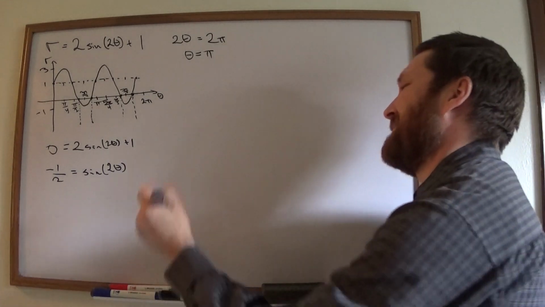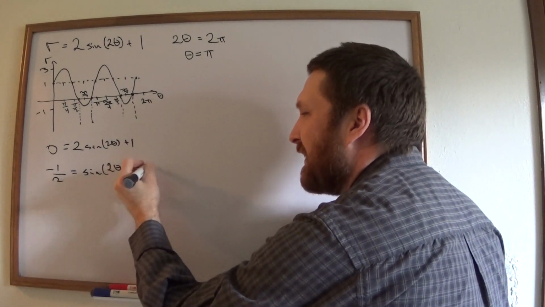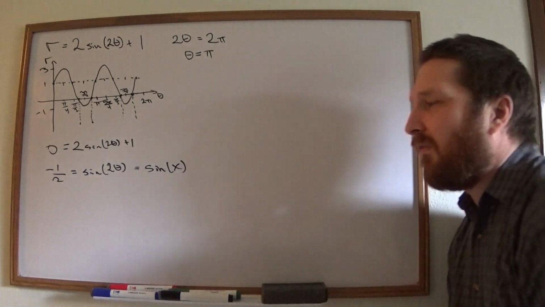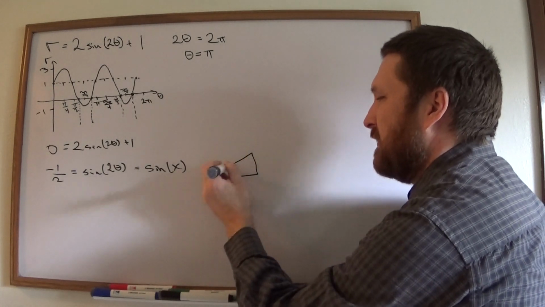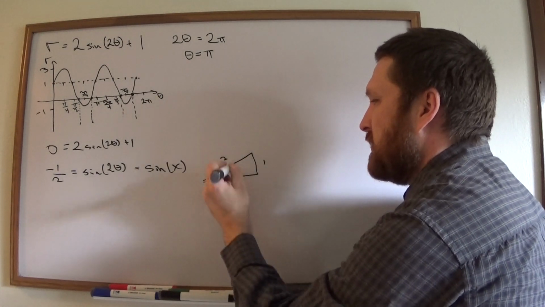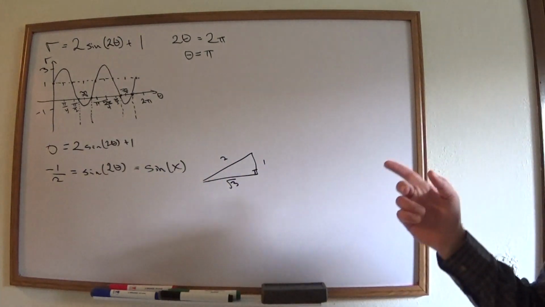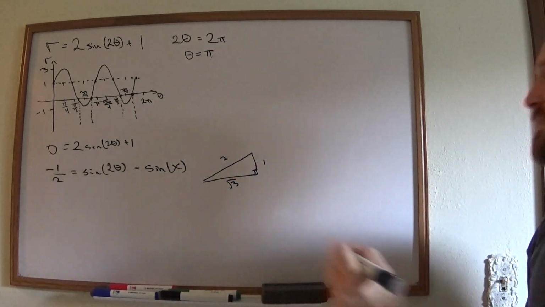It'd be much easier. So I'm pretending that we have sine x, where x is 2 theta. And if the value is 1/2, which triangle am I drawing? 1, 2, root 3. How do I get a sine of 1/2? Pi over 6.